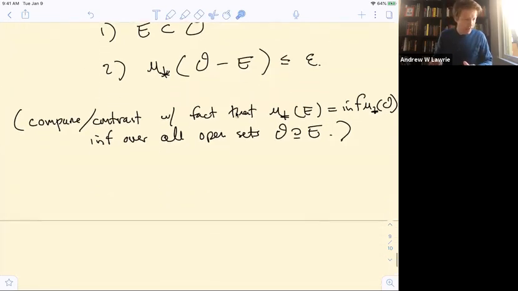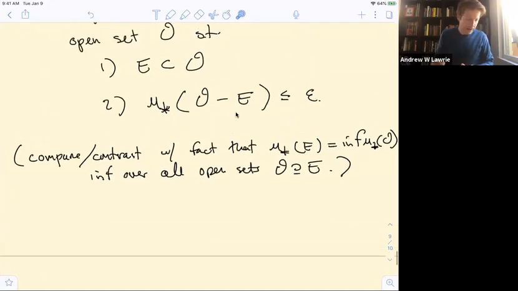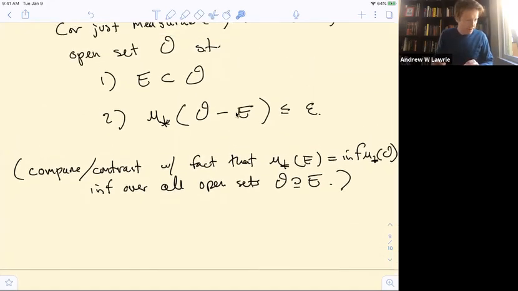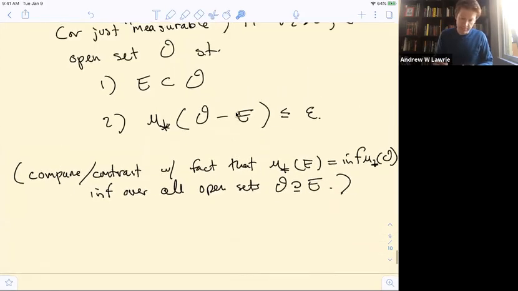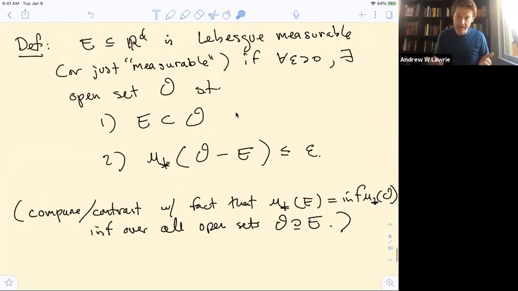Okay, so we've defined measurable set, but now let me define the Lebesgue measure.